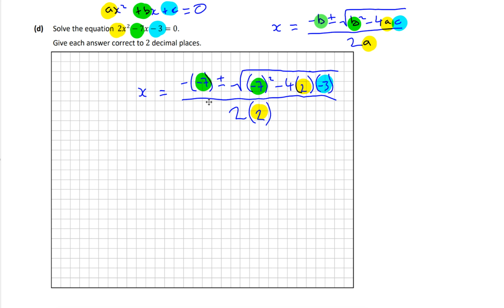So they wanted it correct to 2 decimal places. When you press equals, it'll give it to you in surd form, and you just press the SD button to change it to a decimal. So x is equal to, and when you use the plus sign, you get 3.886, which corrected to 2 decimal places is 3.89. And then to find the other answer, you just change the plus sign to a negative.